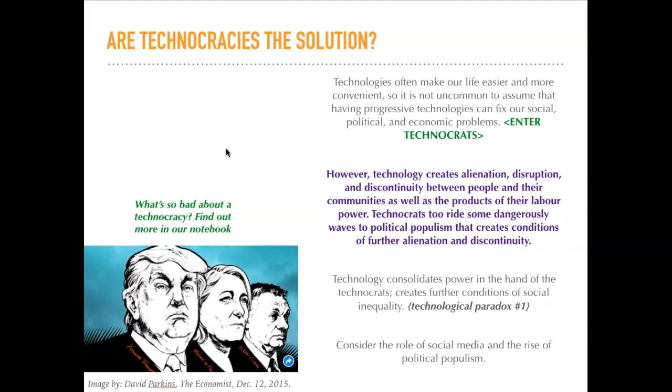So a lack of housing, lack of food security, or unstable political situations.